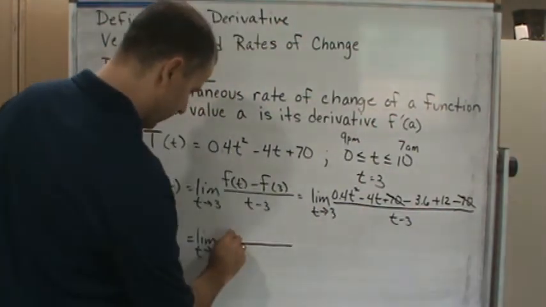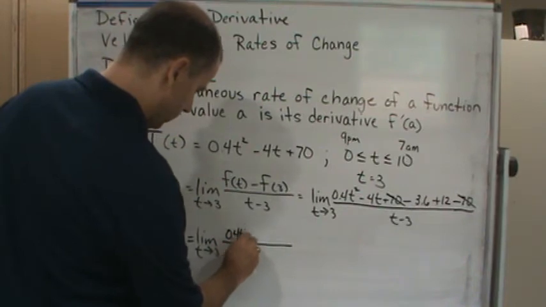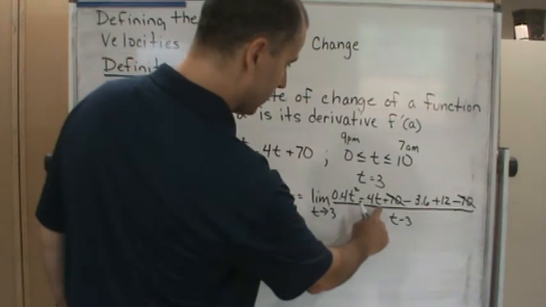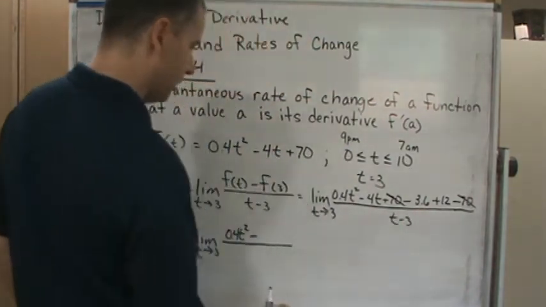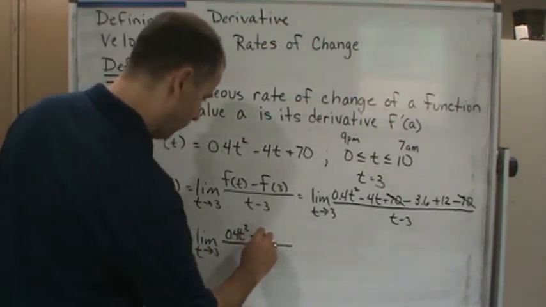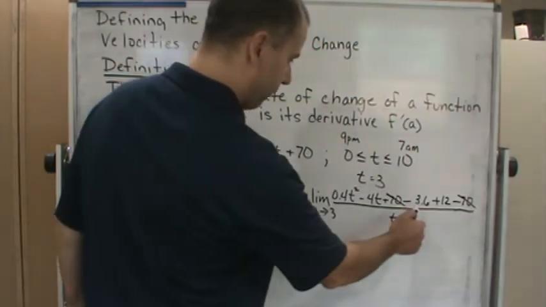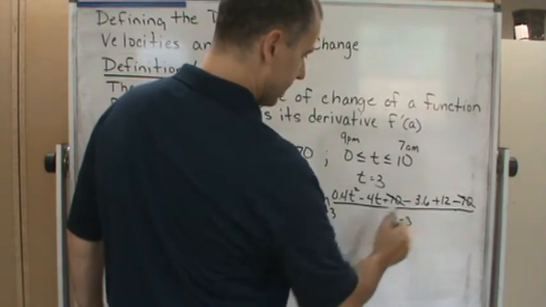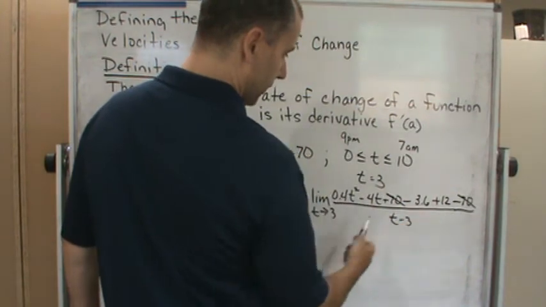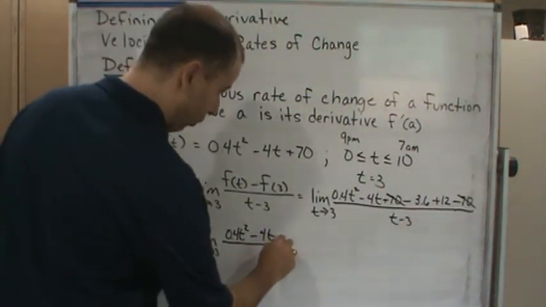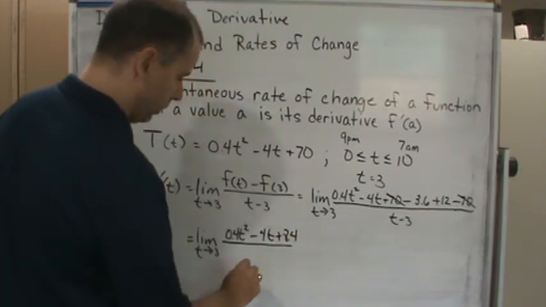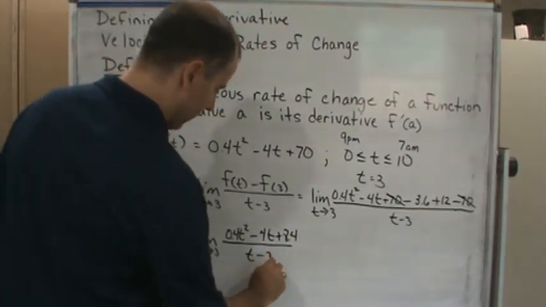It's going to be 0.4 t squared minus 4t, and then we have 12 minus 3.6, which is 8.4. So we get plus 8.4 over t minus 3.